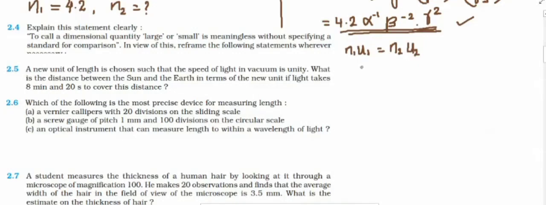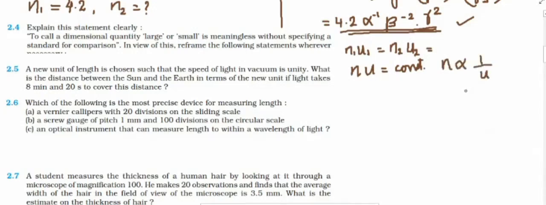So here the product of n u is a constant. That is why the product n1 u1 will be equal to n2 u2. If you have another unit, then it will be equal to n3 u3 like that. Therefore, we can say n is inversely proportional to u.